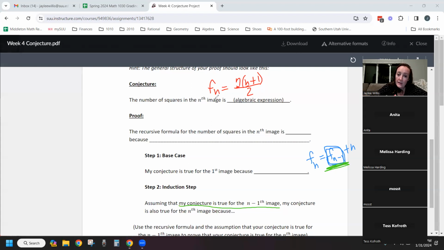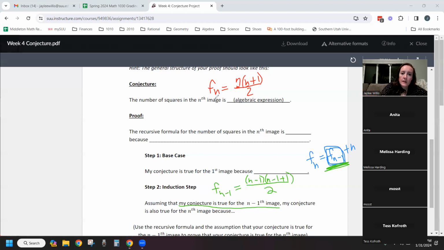So if I were to plug in n-1 for the term number, what would that look like? Yes, exactly, Amy. Perfect. So it would look like n-1 times n-1 plus 1 over 2.